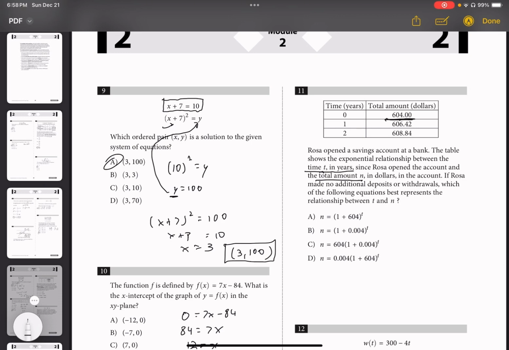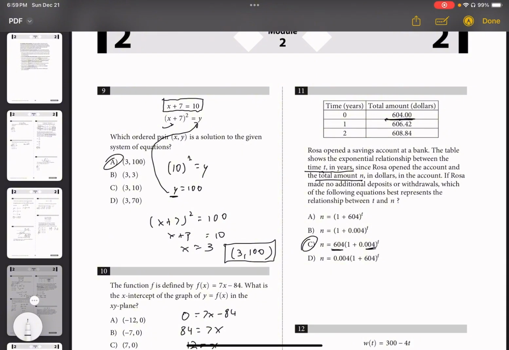And just looking at our answer choices right now, if we have t to the 0, we need to have 604 as our coefficient to represent an exponential equation, and this represents a 0.04 increase, or a 0.4% increase each year, which if we check with our calculator, we do.